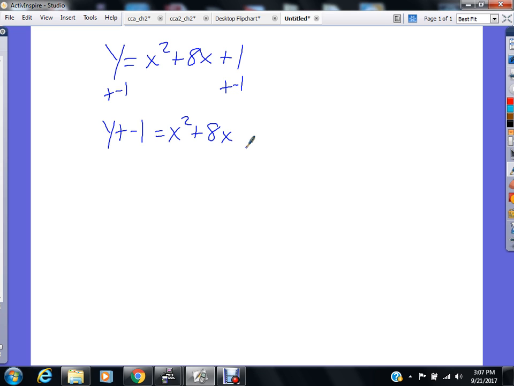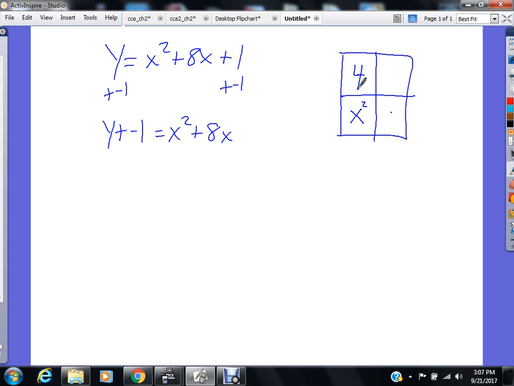Now the next step is you're going to go to your generic rectangle and try to make this generic rectangle into a square. The way that we would do that is we would put our x squared term here, and then we have to take this middle term, 8x, and divide it up evenly between these two spots.